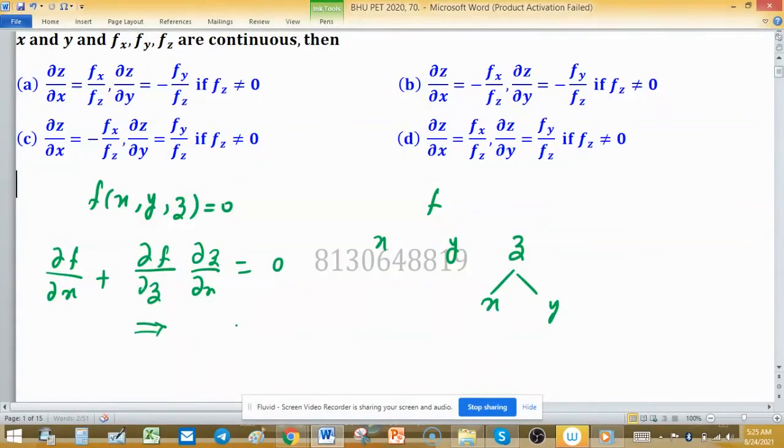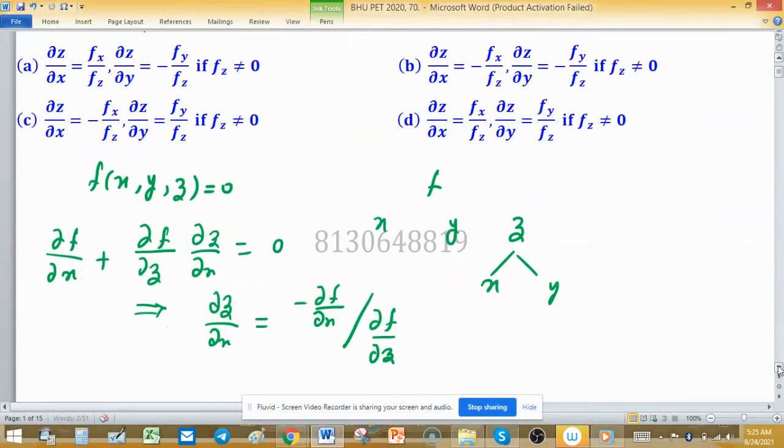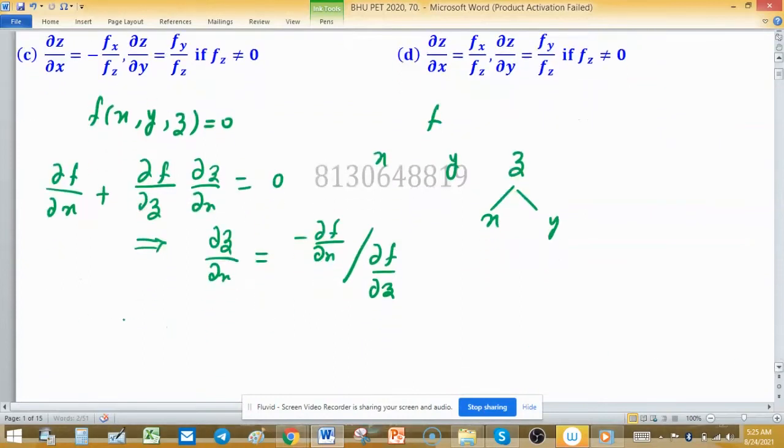What I obtained from this, I can write partial z with respect to x as minus partial f upon partial f upon partial z. Partial z with respect to x can be written as zx equal to minus fx divided by fz.